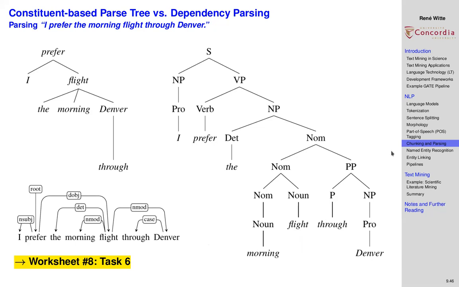And second, if you have a sentence that doesn't conform to the grammar, this fails more easily than this kind of method. Very often you don't deal with sentences that are perfect. If you process social media posts, Twitter, they are not grammatically well-formed sentences. So most likely your proper English grammar will fail to build a parse tree out of it. But you can still get at least some dependencies between the words. So this can be done a bit more reliably than this kind of parsing.